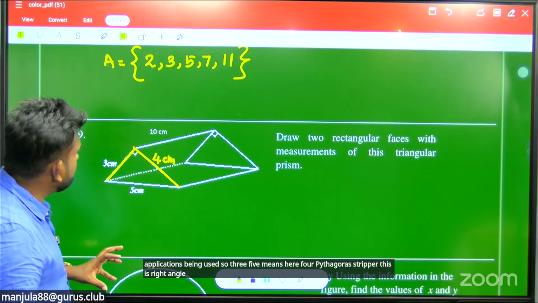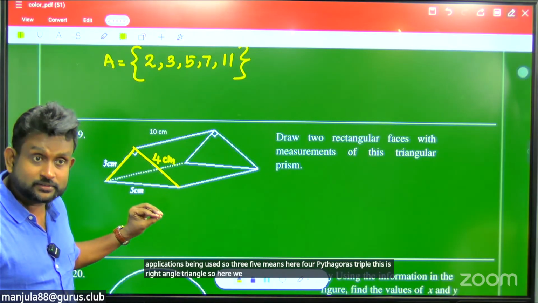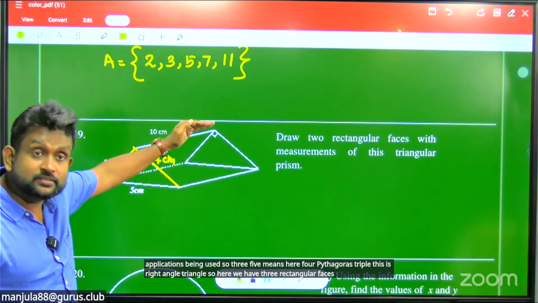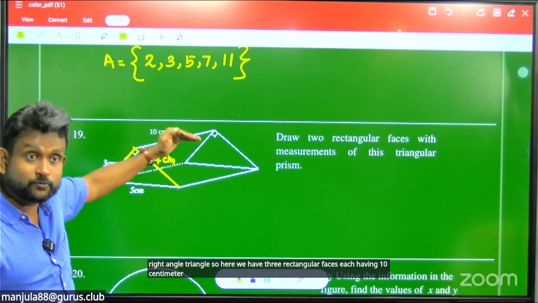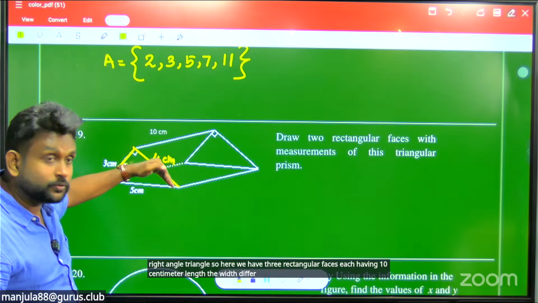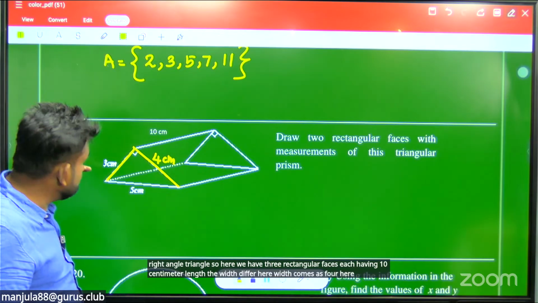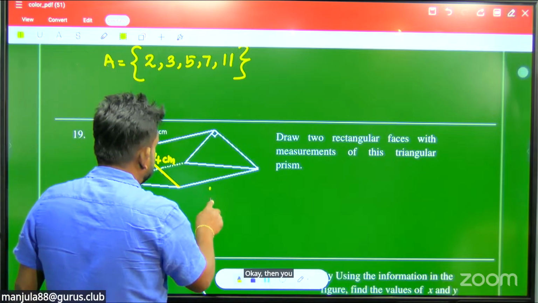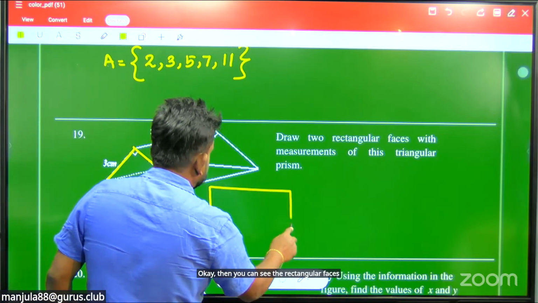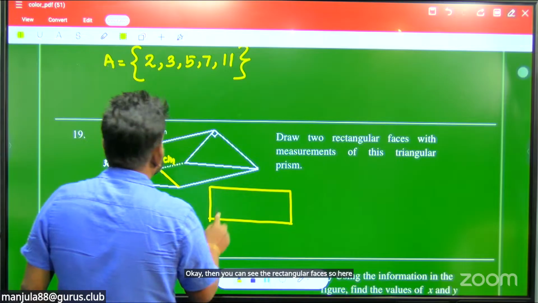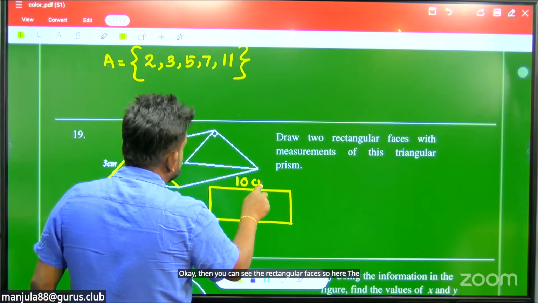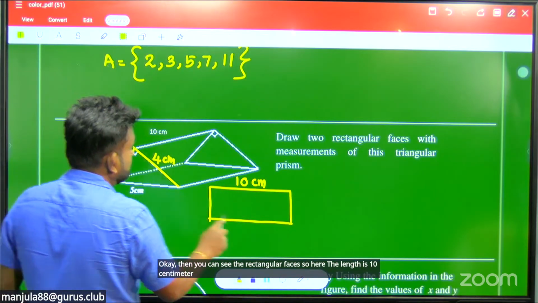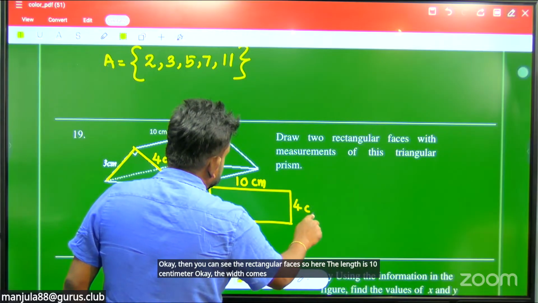So here we have three rectangular faces, each having 10 centimeter length. The width differs. Here width comes as 4, here width comes as 3, here width comes as 5. Okay, then you can see the rectangular faces. So here the length is 10 centimeter, the width comes at the side 4 centimeter.